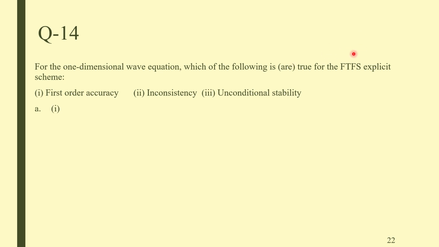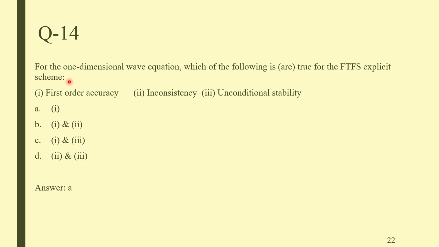Here it is forward in time, forward in space. But the answer however remains the same because first order accurate is true, it is conditionally stable, and it is consistent. So second and third are false. A is 1, B is 1 and 2, C is 1 and 3, D is 2 and 3.